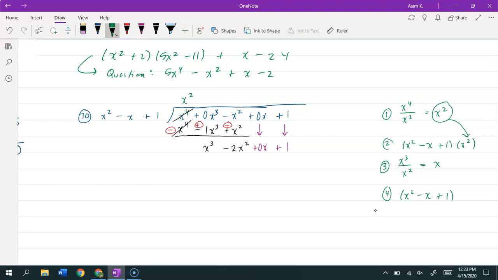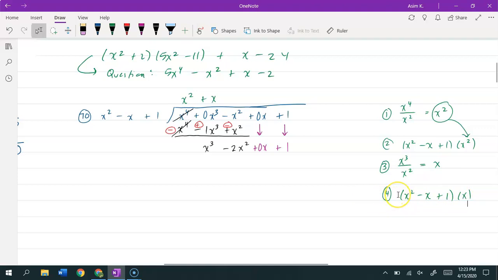And before I forget, let's make sure that we put this x in the quotient right here. So we got plus x, and now we're taking everything here and multiplying it to that x that we just got. That process is highlighted for you in this algorithm in step number 4.